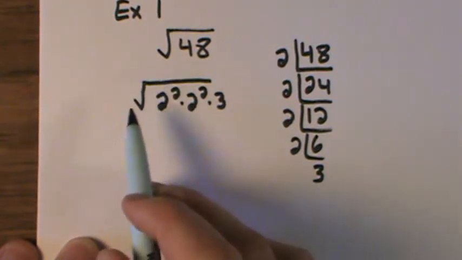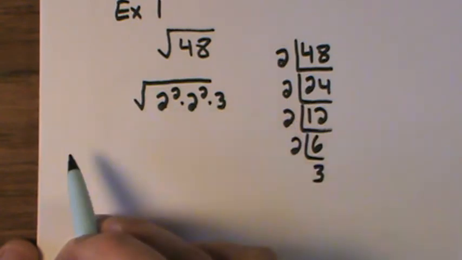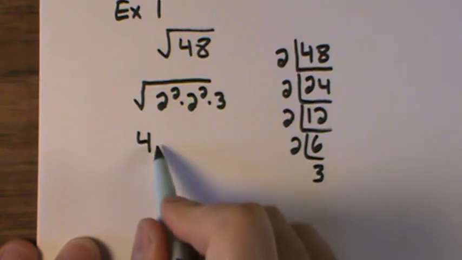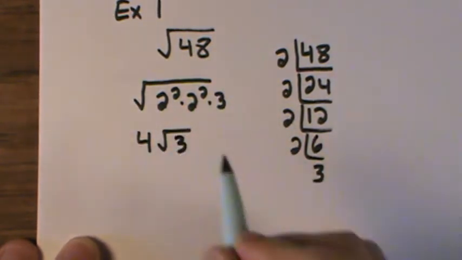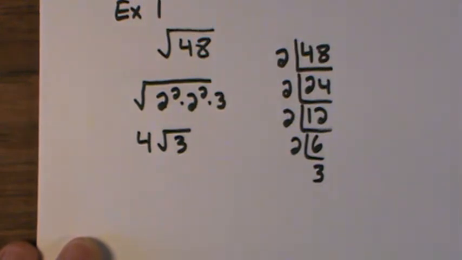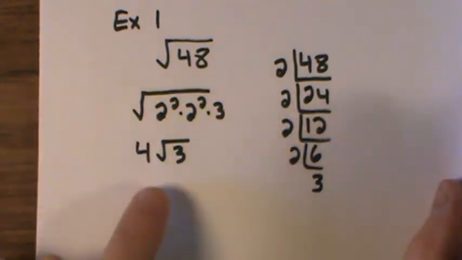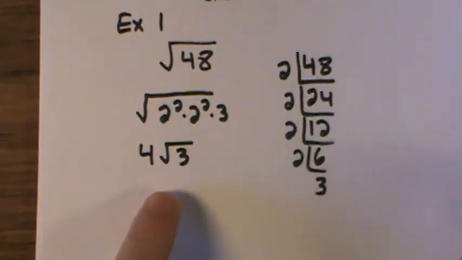And so I'll go 2 comes out, 2 comes out, 3 stays in. With 2 values of 2 coming out, 2 times 2 would be 4 on the outside. And this 3 doesn't have a ticket to get through, so it's staying in. We'll call that 4 square root 3, which is an irrational number.